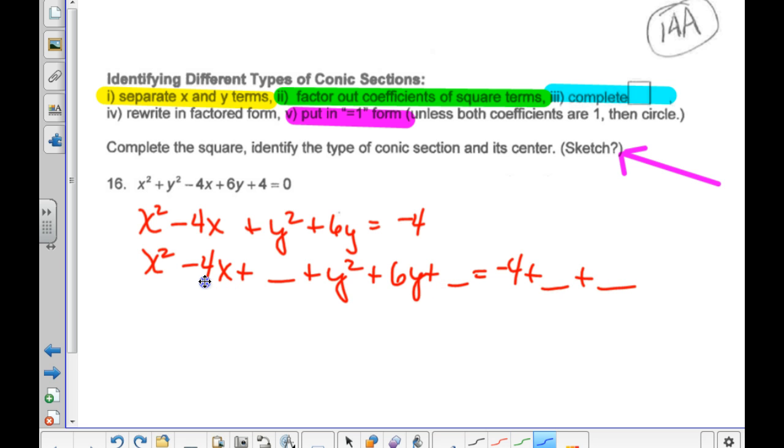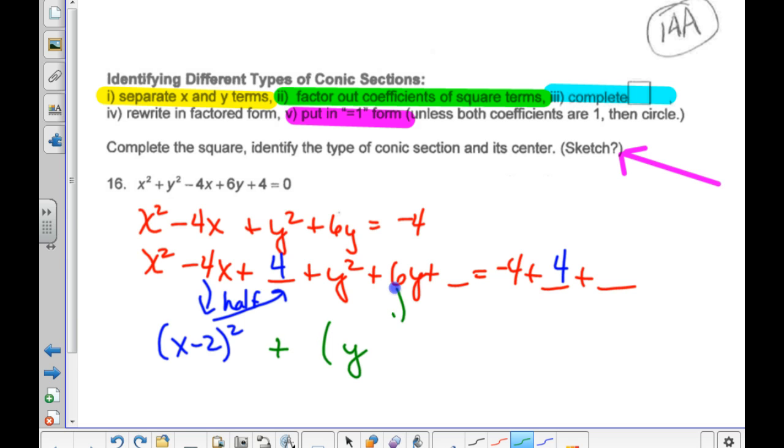Okay, completing the square. This process should be very easy for you by now. We take half. And then to make this equal, we have to go back and square it. But there's nothing being multiplied by that 4, so we're just adding the same thing to the other side.